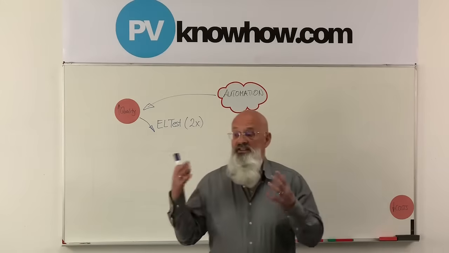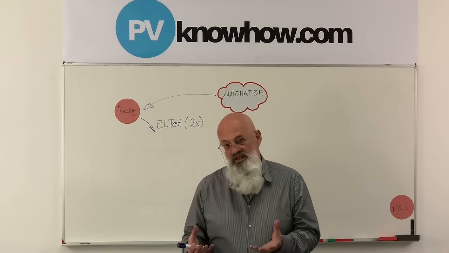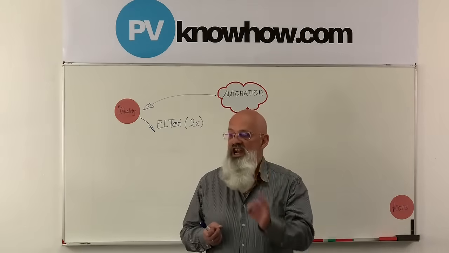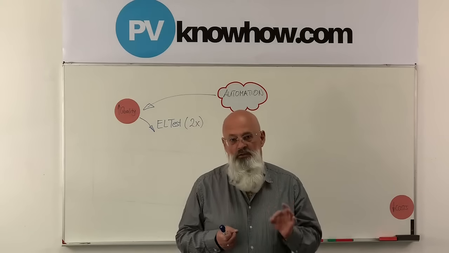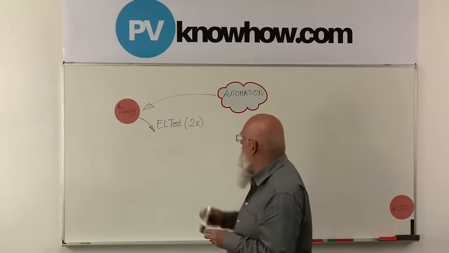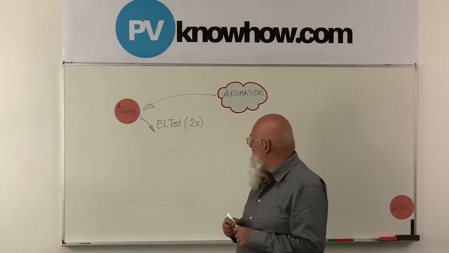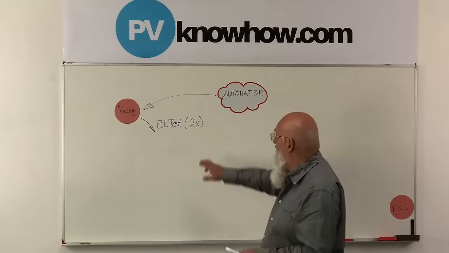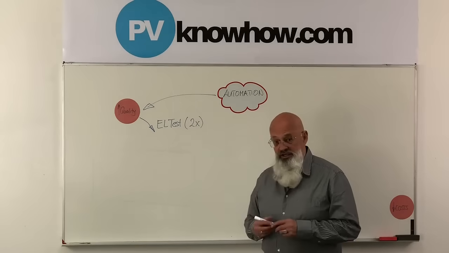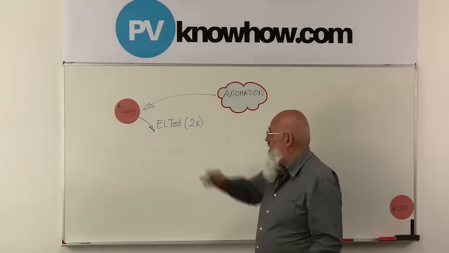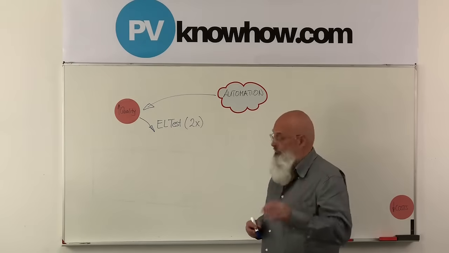The EL tester looks into the solar cells and he detects even very tiny breaks of the solar cell, which you never see by eyes. Yeah? So if you have 2 EL tester, one before laminating, one after laminating, then you have a very, very good quality station, which increases your quality incredible.